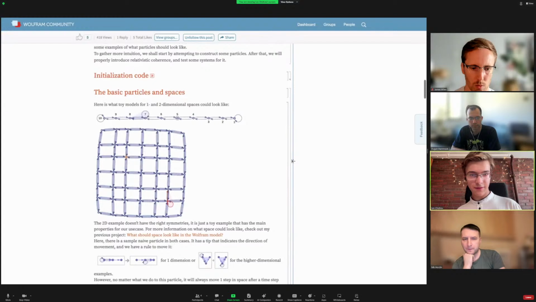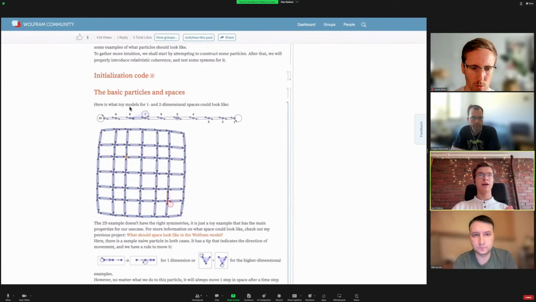First of all, just to have some toy systems to work with, here are the models for a one-dimensional space with a particle and a clock, and then the same for two-dimensional space.